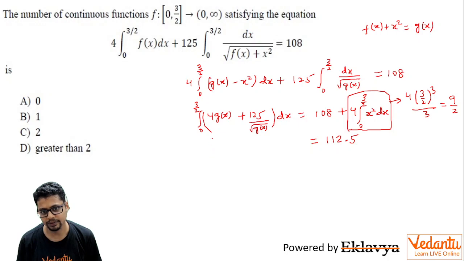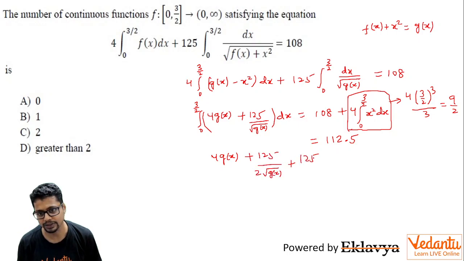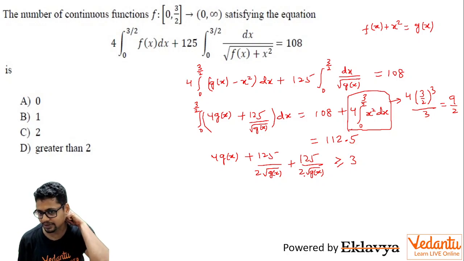So here what you say is 4g(x) plus 125 by 2 root g(x), plus 125 by 2 root g(x). The reason for doing it this way is so that as you take the arithmetic mean, the geometric mean turns out to be constant. So it's greater than or equal to 3 times the cube root of g(x) root g(x) cancel out in the geometric mean expression, and what you have is 4 times 125 times 125 divided by 2.